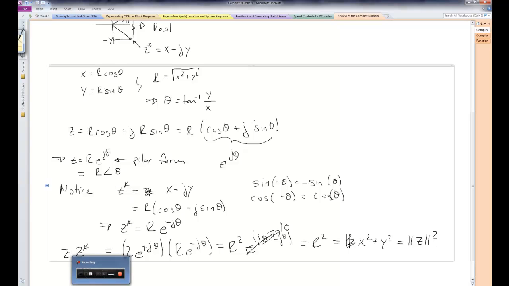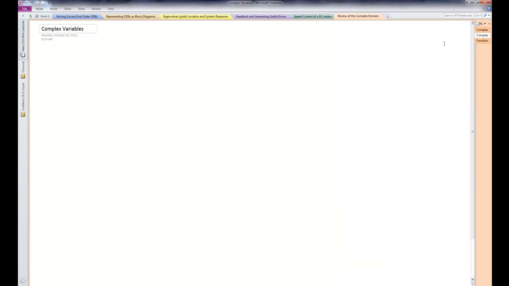All right, just some various properties of complex numbers. We also can look at complex numbers in the sense of them being a variable. For example, we can say s1 equal to sigma 1 plus j omega 1 is a representation of the complex variable s equals sigma plus j omega at some s equals s1.